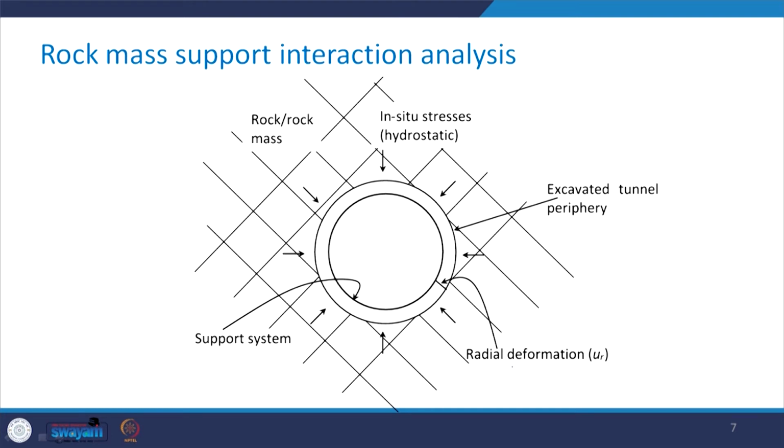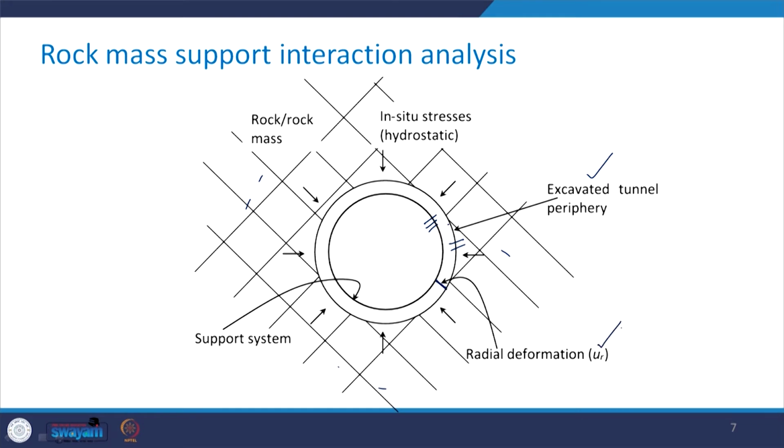Take a look at this figure. We have rock or rock mass here. Then this was the excavated tunnel periphery. Then the support system which has been installed is this one, and there is the margin of this radial deformation which is denoted by UR.